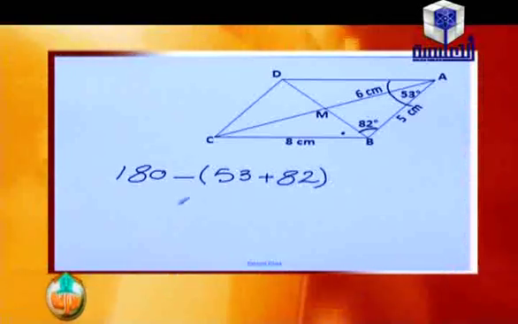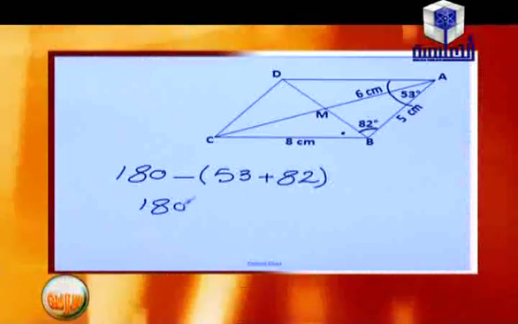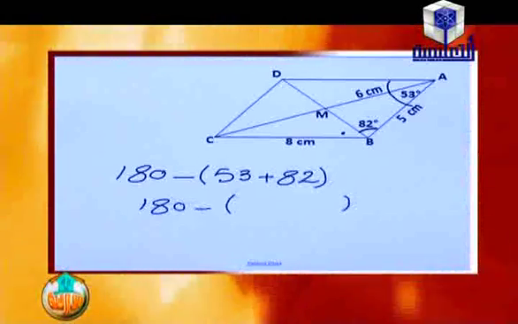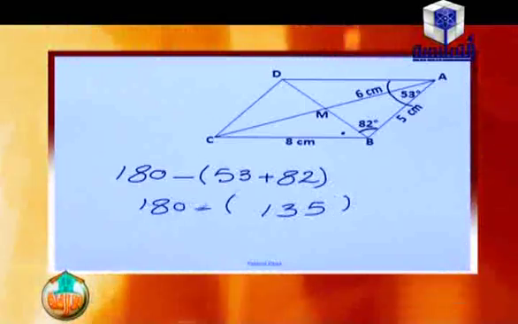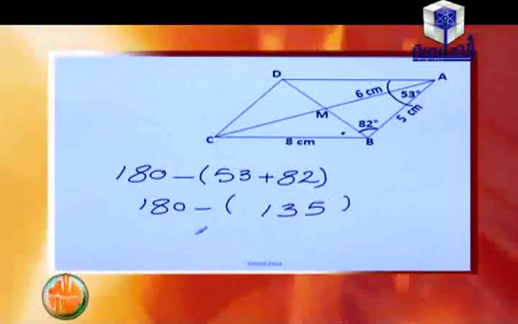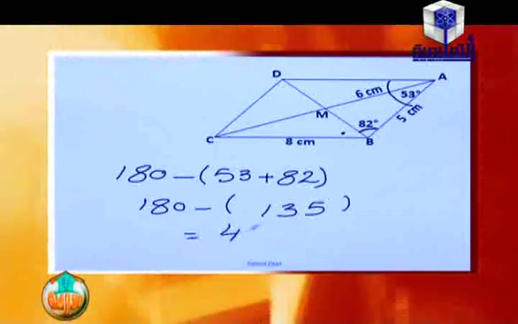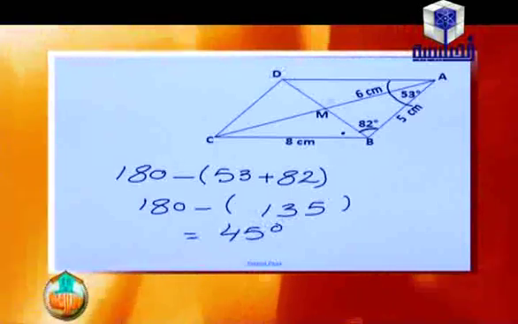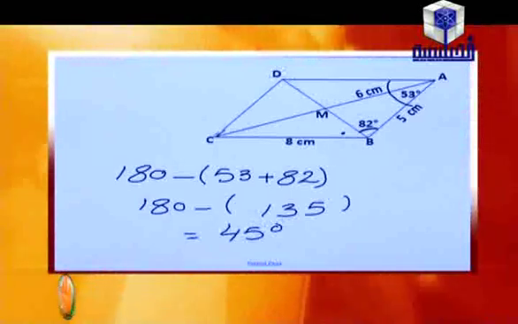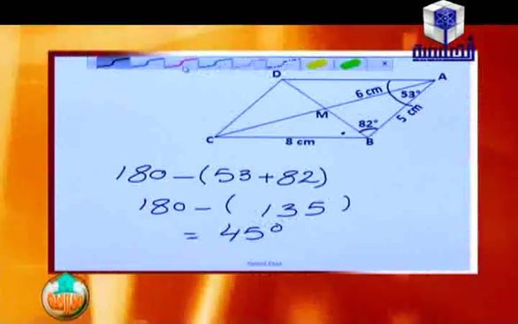It's a very important property of a parallelogram. Good. Then we have here 180 minus 135 equals 45 degrees. Then the measure of angle DBC equals 45 degrees.